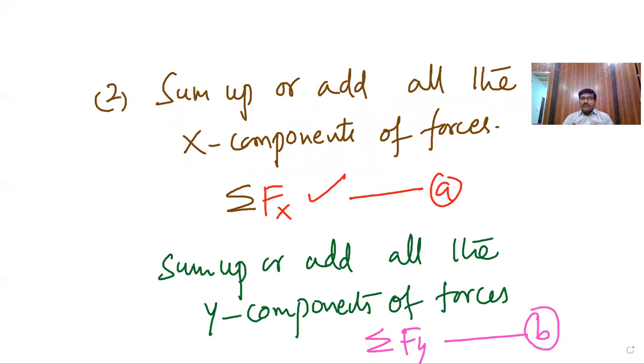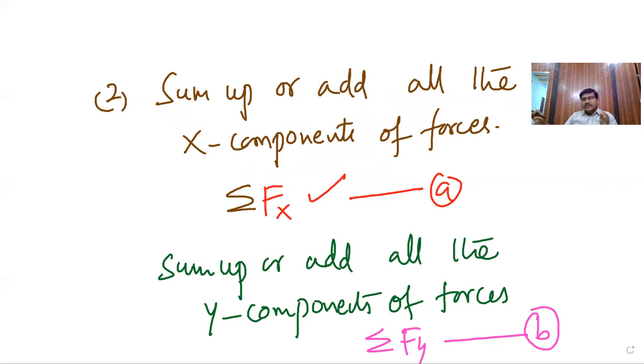And be careful. Whenever you are resolving a force, in summing up, you have to take magnitude as well as direction into consideration. Suppose a force is like this, making angle theta with the positive x-axis, then the x component is F1 cos theta.